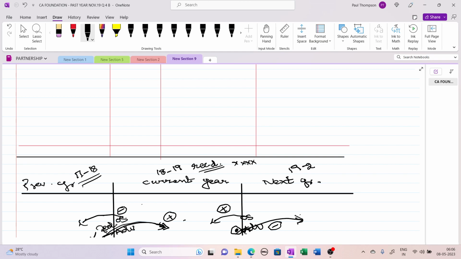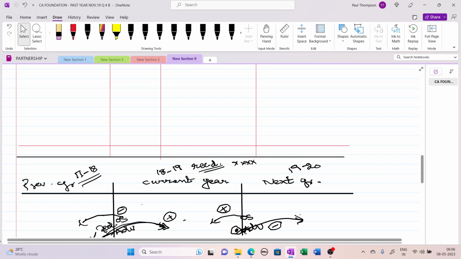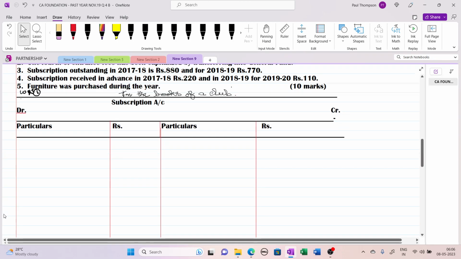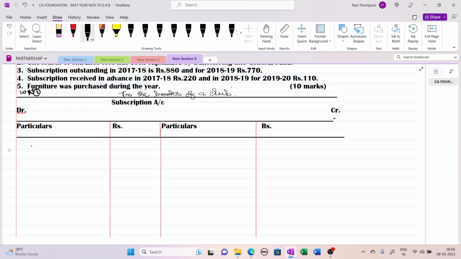Any subscription is an income, so outstanding income is an asset for the company or firm. Asset always has a debit balance. So the opening outstanding is to be shown on the debit side, as it is an asset. To balance brought down, you can write like this: balance brought down.